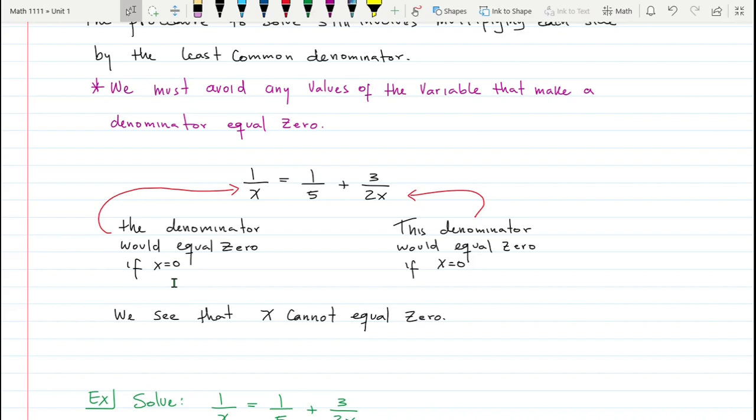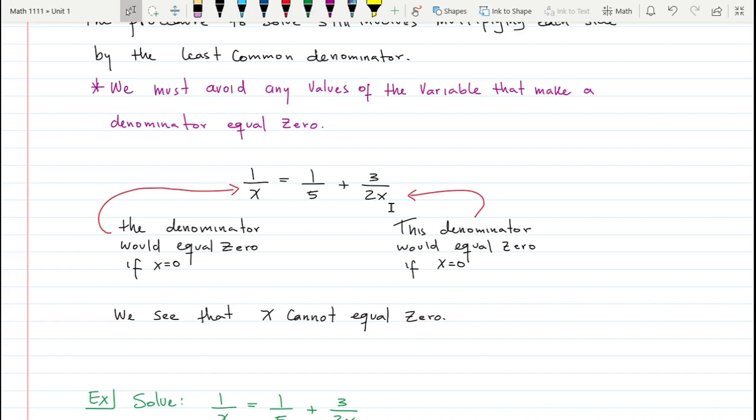Then the term 3 over 2x, that denominator would equal 0 if x were 0, because 2 times 0 is 0, right? So we see that in both cases, by coincidence, x cannot equal 0, right? So that's one value that we have to avoid as we find the solutions.